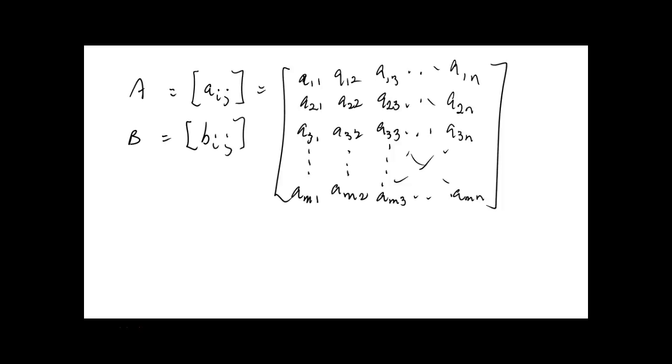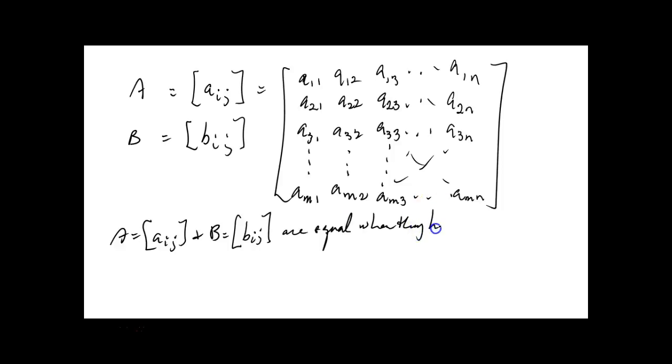Okay? So I'm going to write that out because a few of you still don't have your text. Two matrices A equal Aij and B equal Bij, where the i's and j's go to the same limits, are equal when they have the same size. That's the first thing.